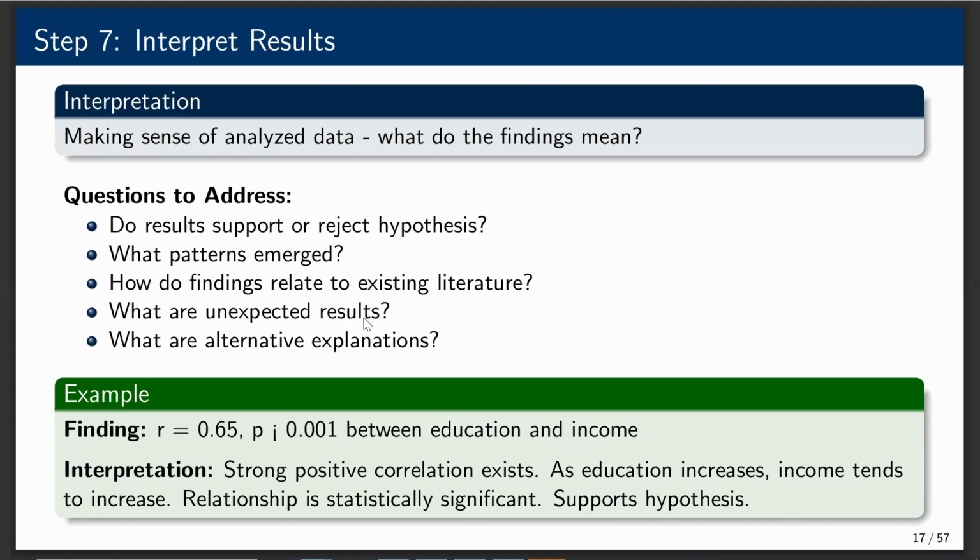The interpretation is that a strong positive correlation exists. It means as education increases, income tends to increase, and the relationship is statistically significant, and it supports the hypothesis. So you have to interpret the statistical results. Most of the time, people don't interpret the results, and that is a problem, because if you do not interpret it, then the output you are producing will be very monotonous.